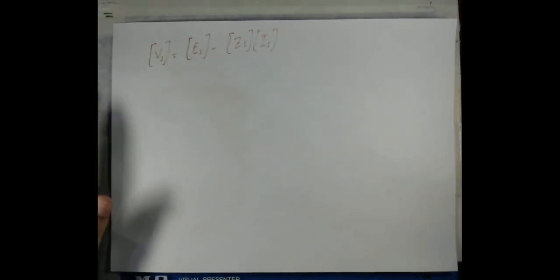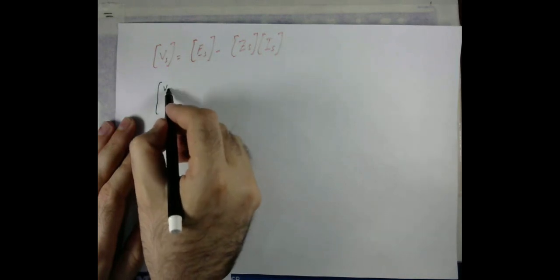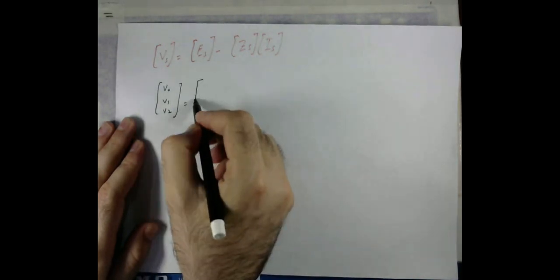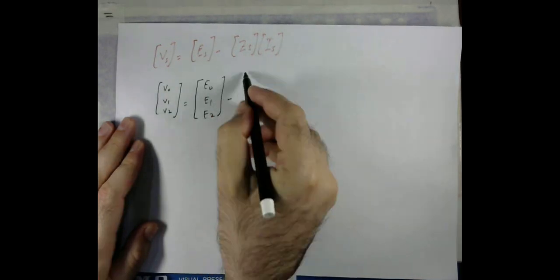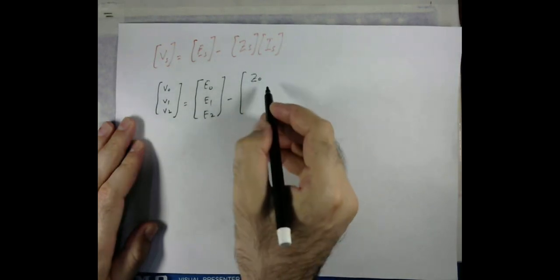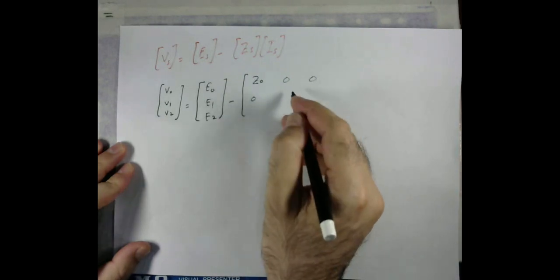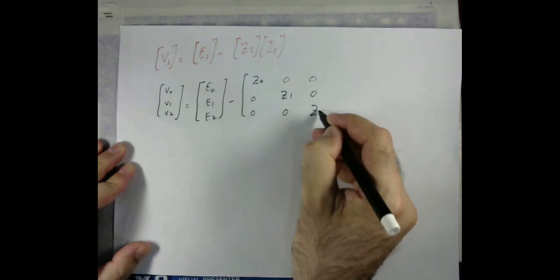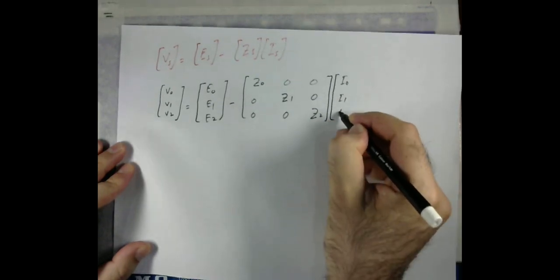Now let me write it again. V naught, V1 and V2 equal E naught, E1 and E2 minus the matrix with Z naught, Z1 and Z2 on the diagonal and zeros elsewhere, multiplied with I naught, I1 and I2.